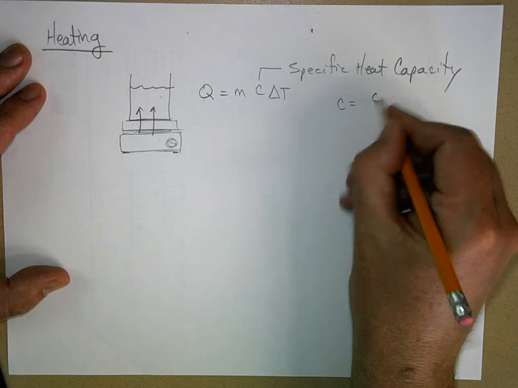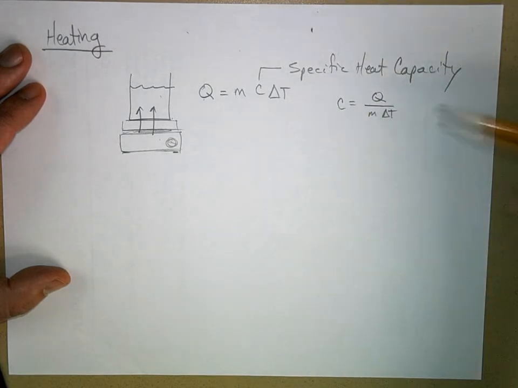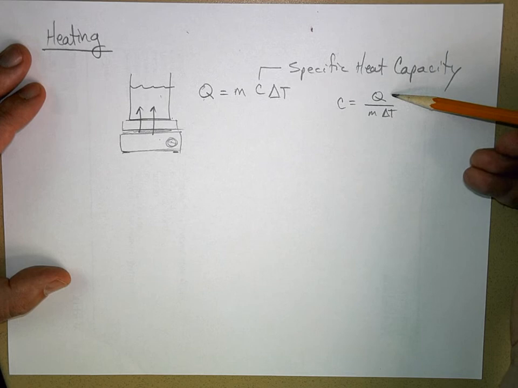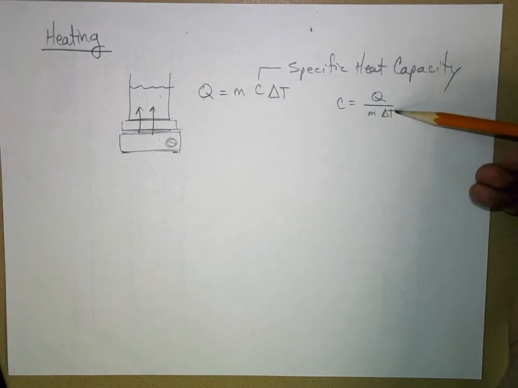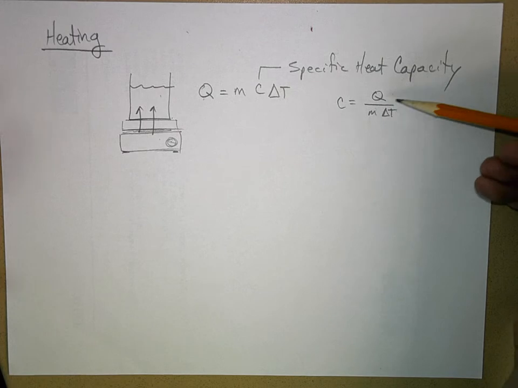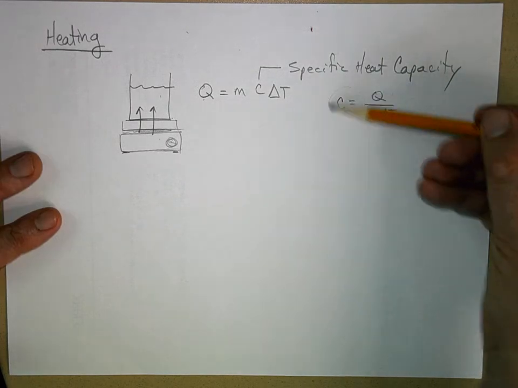C equals Q over M delta T. So it's the amount of heat you need per kilogram of mass to raise the temperature by 1 degree Celsius, or whatever units you're going to use.